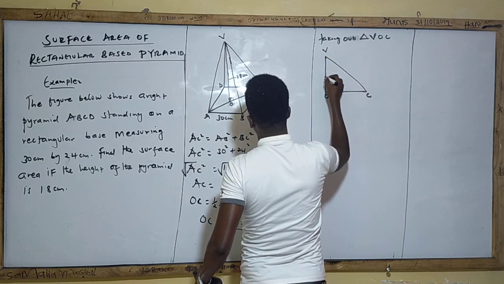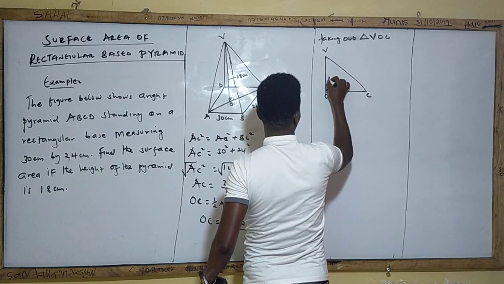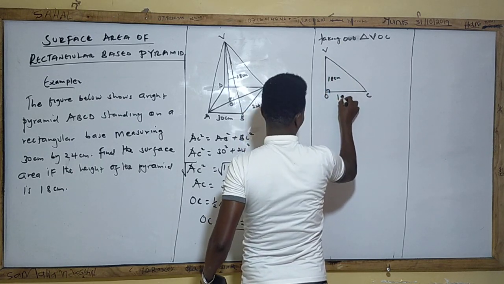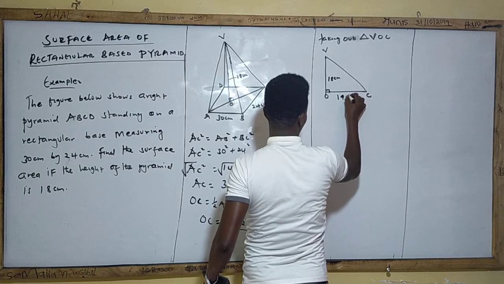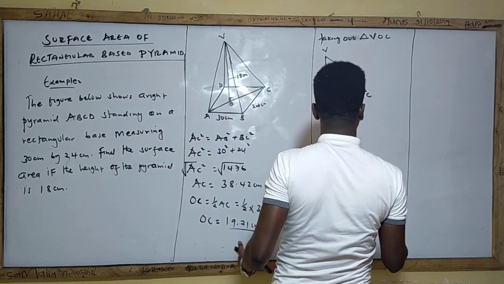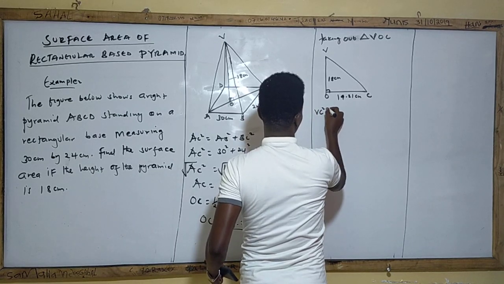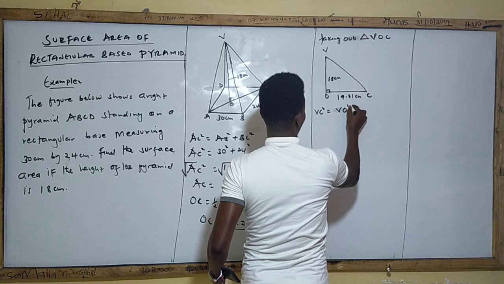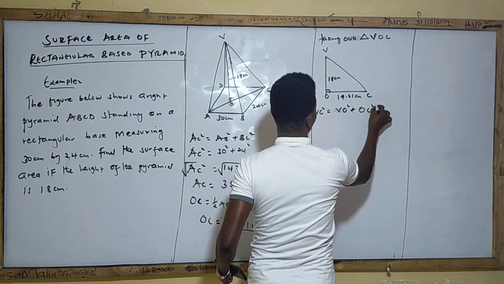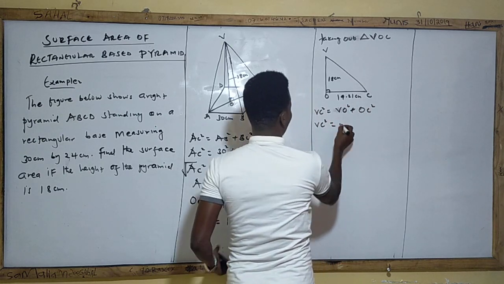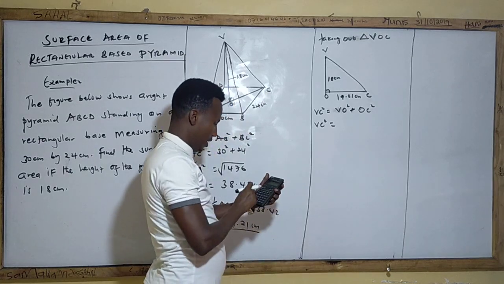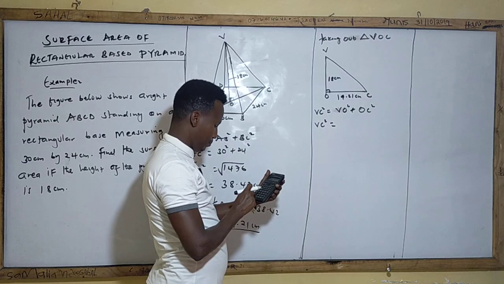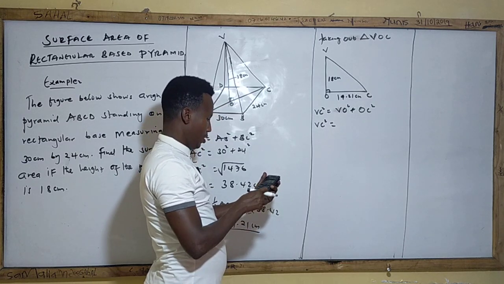VOC. Here I have 18. This is 90 degrees. This is 18 here, VO. And here we have 19.21 centimeters. Then I can get VC. So VC squared is equal to the height squared, VO squared, plus the base squared, OC squared. So VC squared is equal to 18 squared plus 19.21 squared.